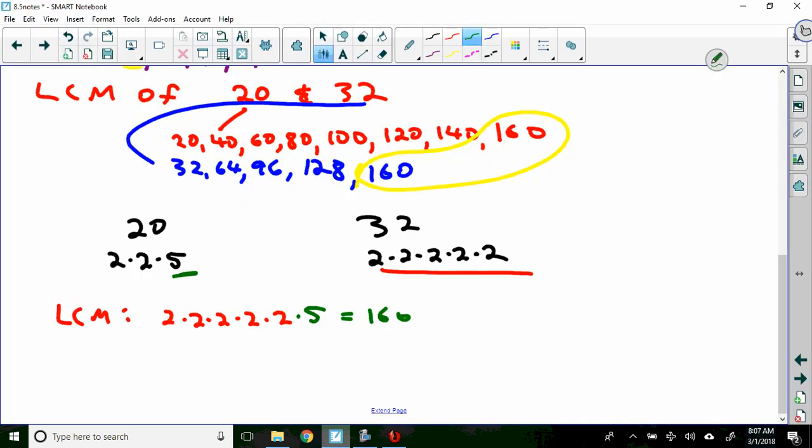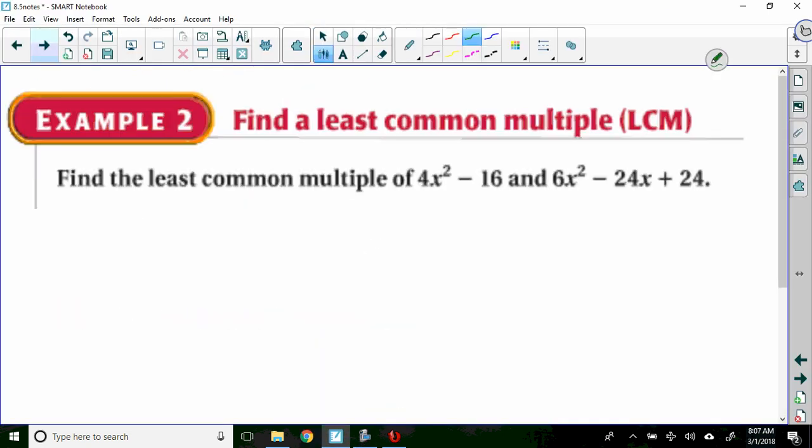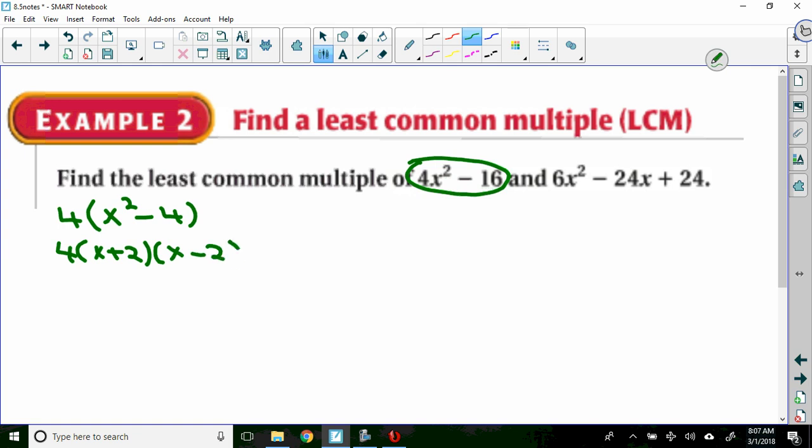So what's going to happen now is they're going to say, okay, hotshot, find the LCM of these variable expressions. My suggestion to you is break these things down into their individual factors. We could factor a 4 out of that. That's x squared minus 4, and that factors into 4 times x plus 2 and x minus 2.